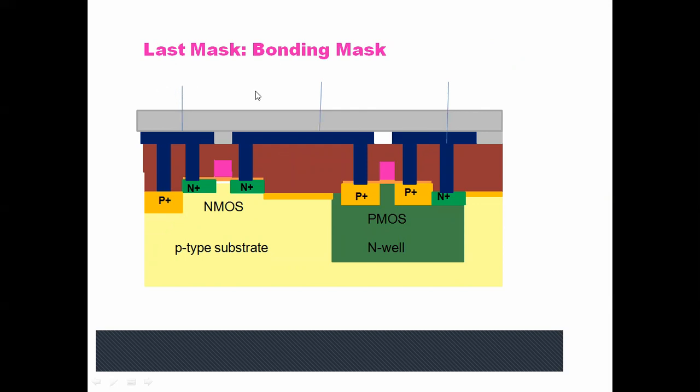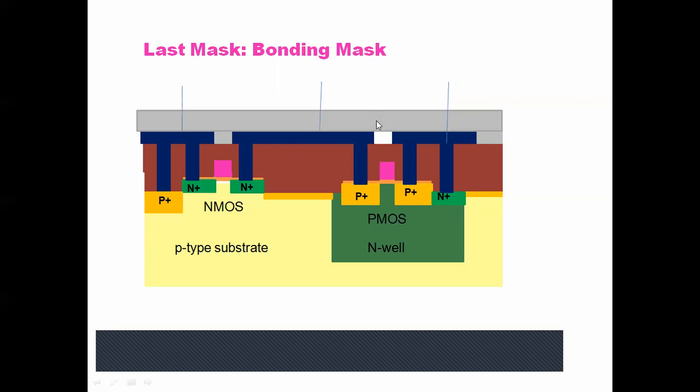This is your ground, this is your output, this is your VDD, and from the back side, which you cannot show here, that is your input. So for an inverter there are 4 terminals: input, output, VDD, and ground. In this way we fabricate a CMOS transistor or CMOS inverter using N-well technology.